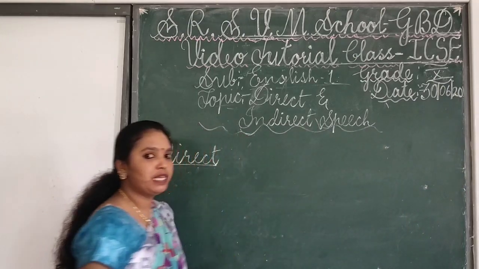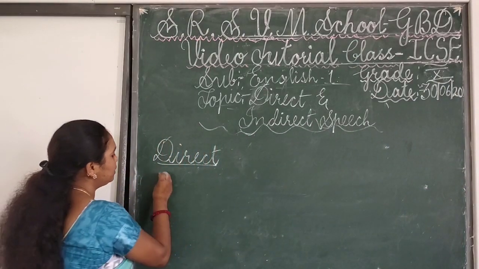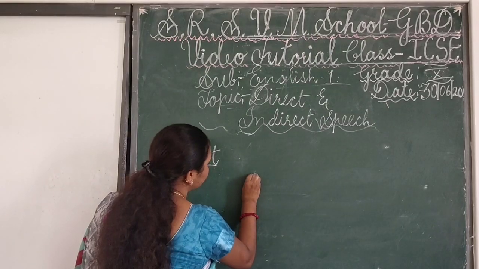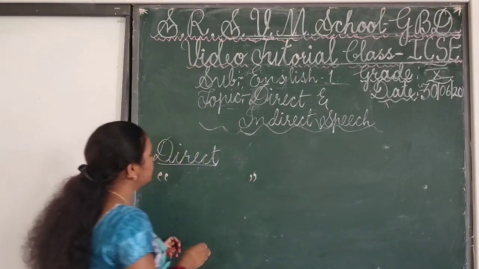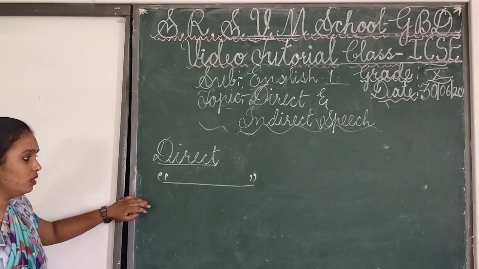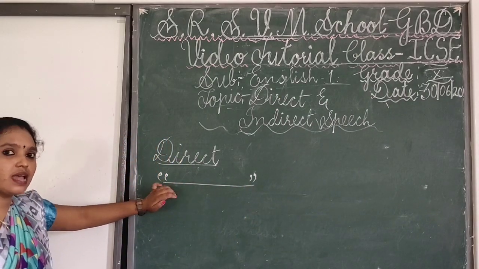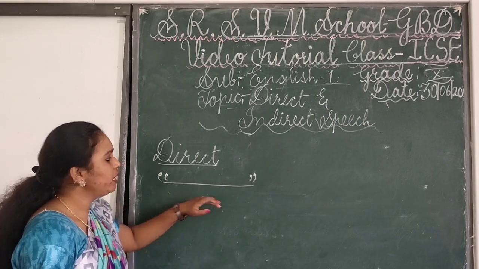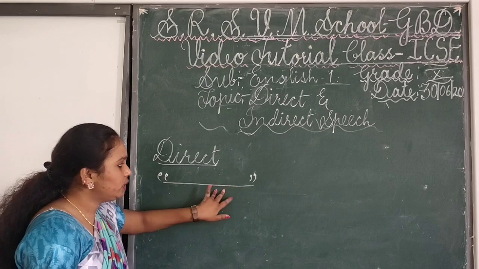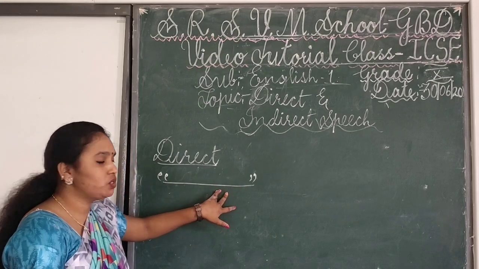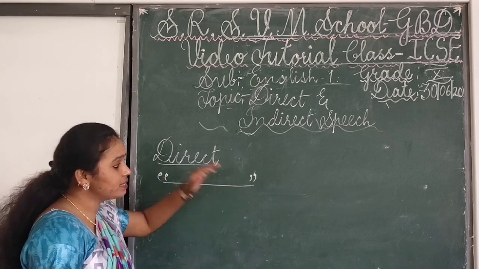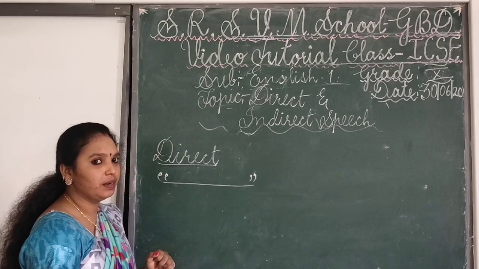Always a direct speech will start with two inverted commas and end with two inverted commas. The inverted commas mean something is said directly by the speaker. We use these inverted commas in the sentence to denote that the words have been said only by the speaker.